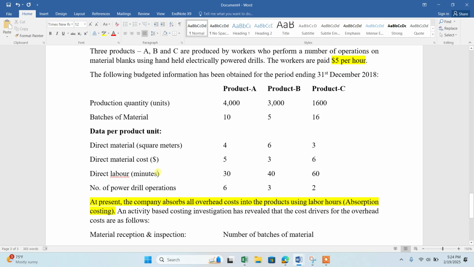Okay, the direct labor. Now, to produce one unit of A, we require 30 minutes. This information is given in minutes.